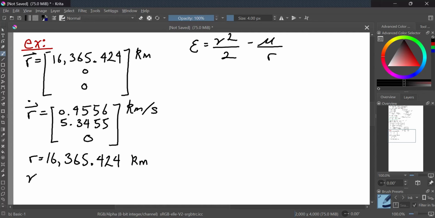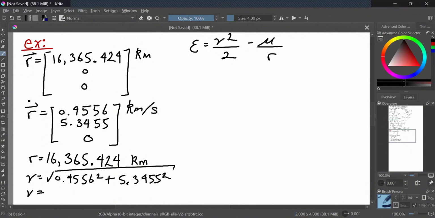And we know what our velocity is. That is 5.5 kilometers per second.